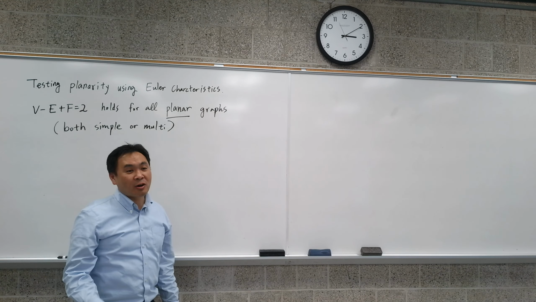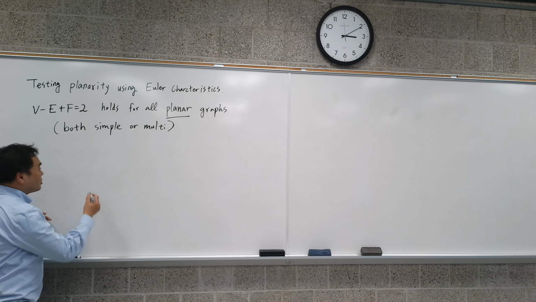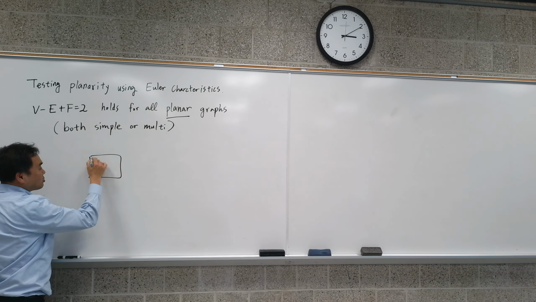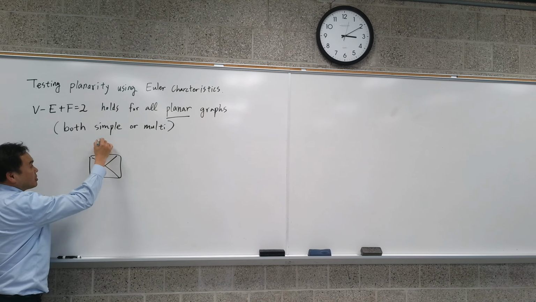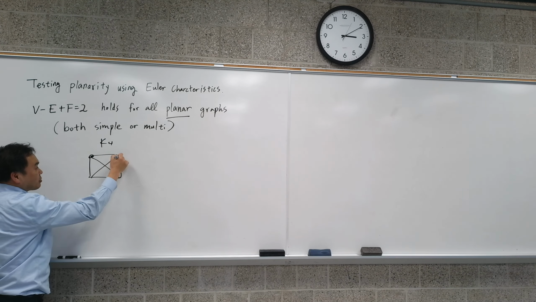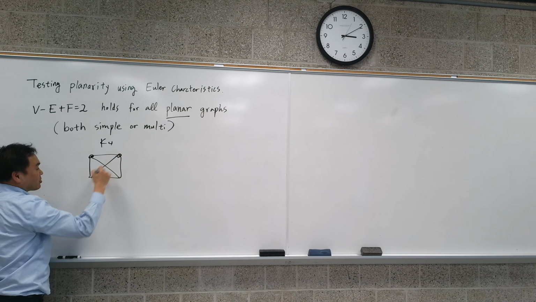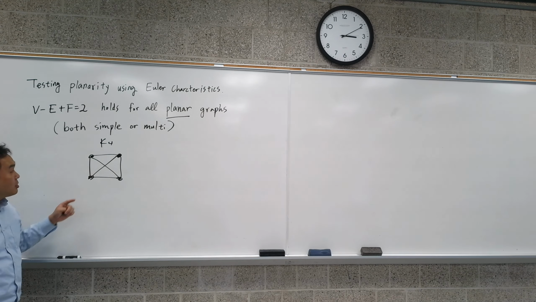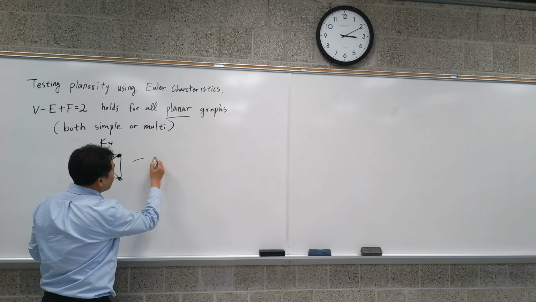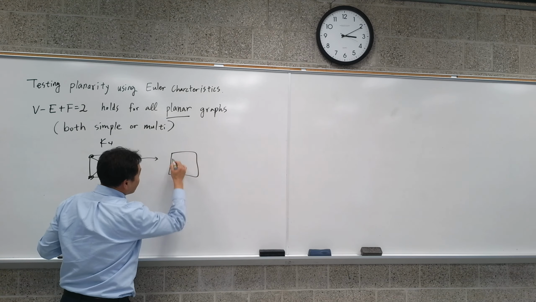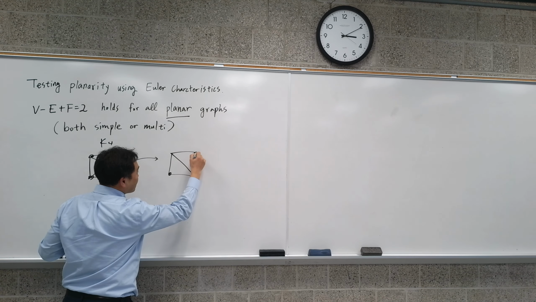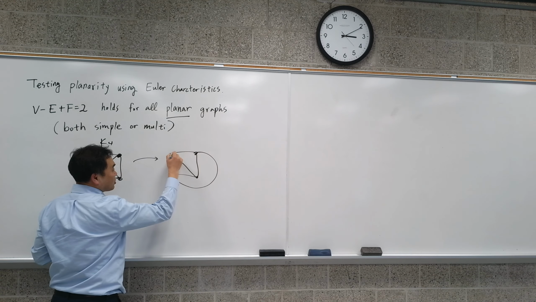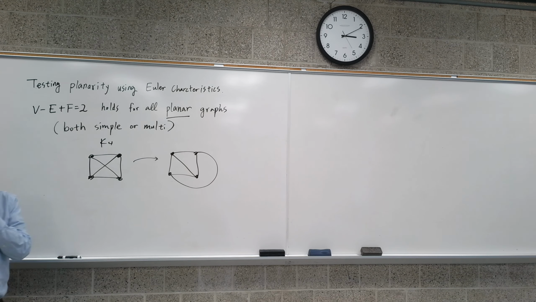Now, as we've seen in this example, here's K4. You have four vertices and several edges. If I draw it like this, it's not planar because these two edges overlap each other, right? But we can definitely make an isomorphic version of this graph where it's connected like this to make it planar.